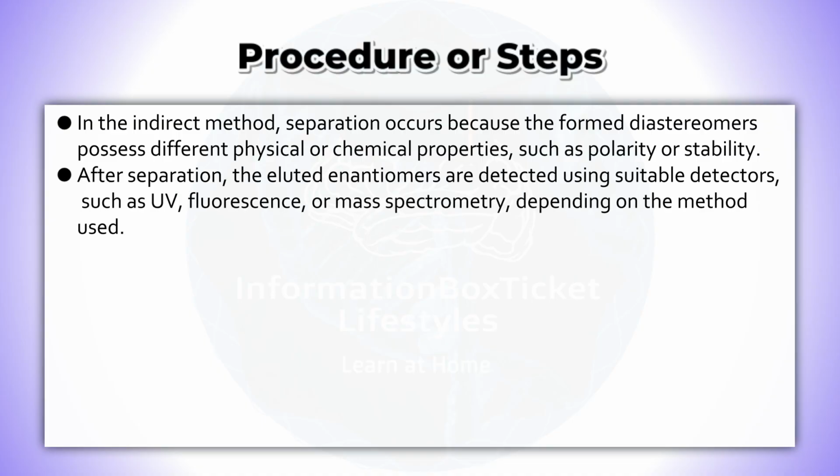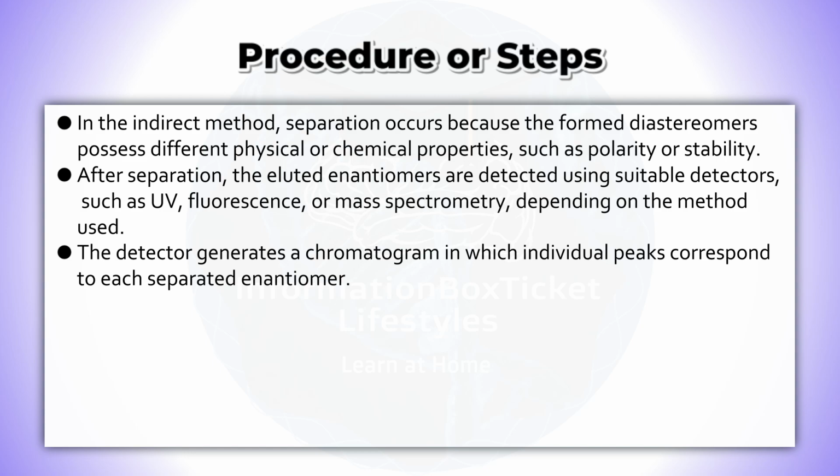After separation, the eluted enantiomers are detected using suitable detectors, such as UV, fluorescence, or mass spectrometry, depending on the method used. The detector generates a chromatogram in which individual peaks correspond to each separated enantiomer.